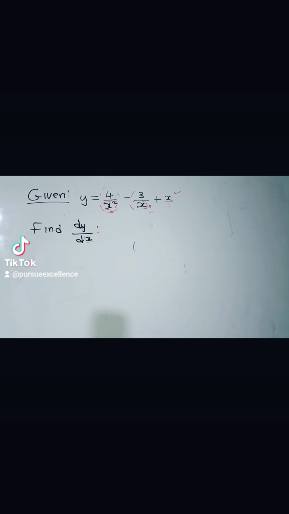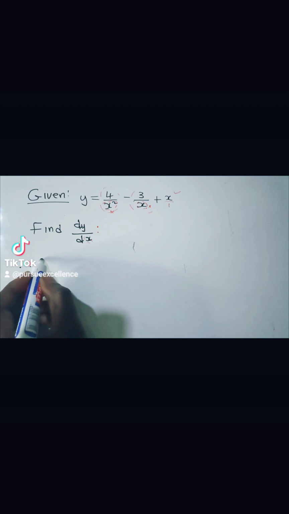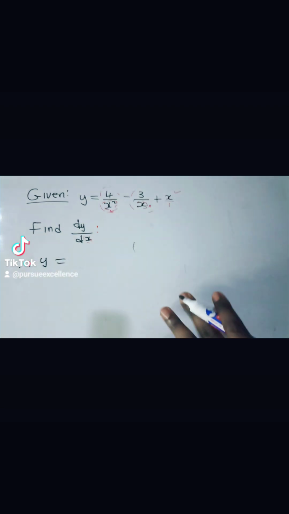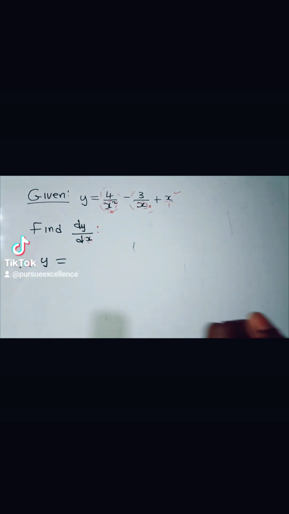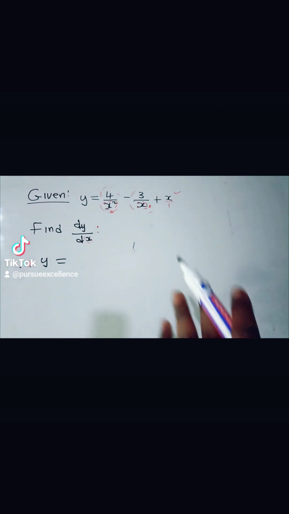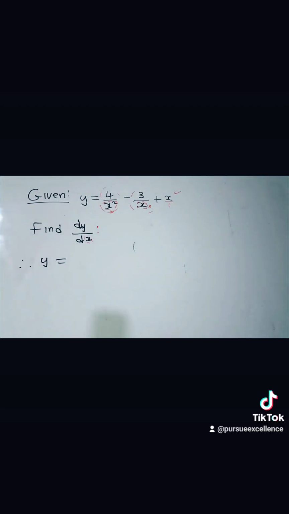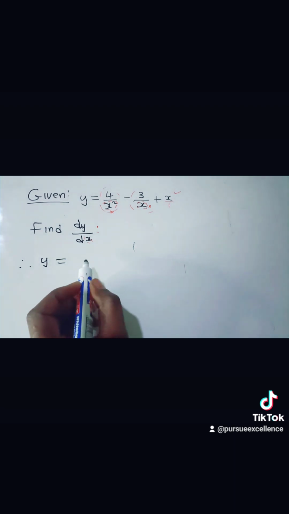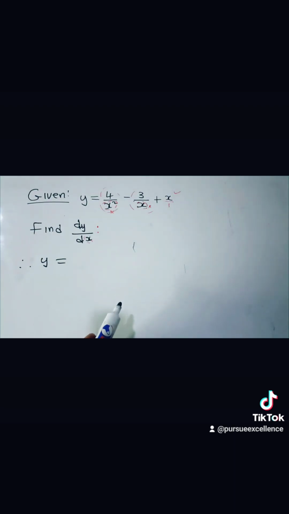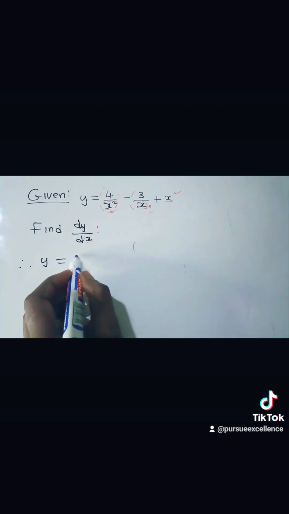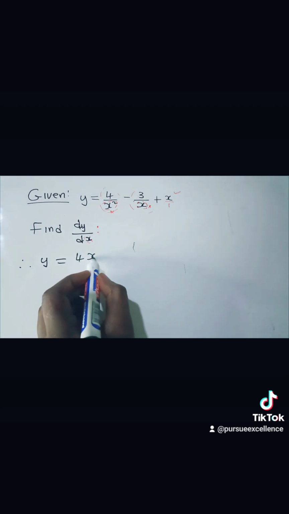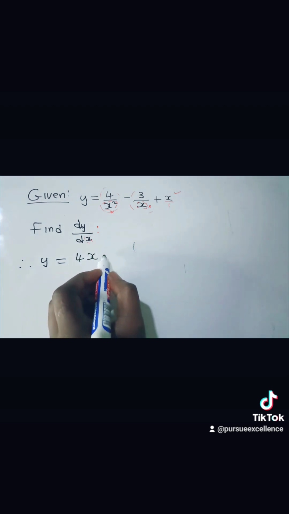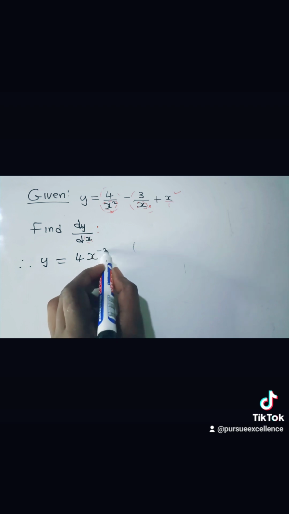I'm going to rewrite this, representing these two terms in a different way instead of writing them the way they are. So 4 divided by x to the power of 2 is the same as 4x to the power of negative 2.